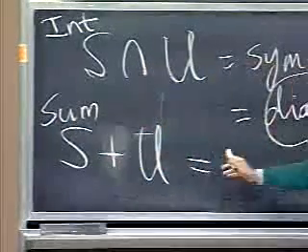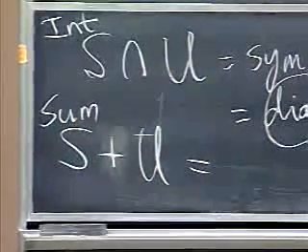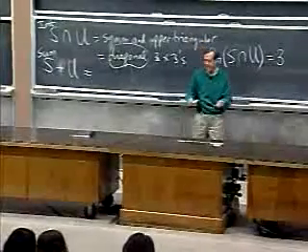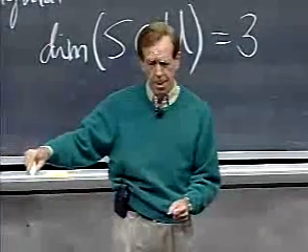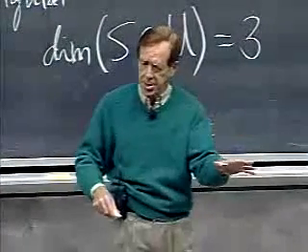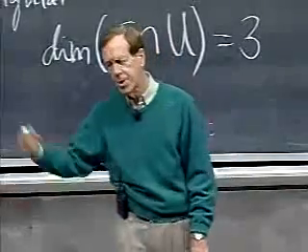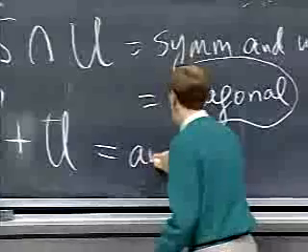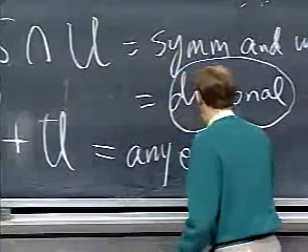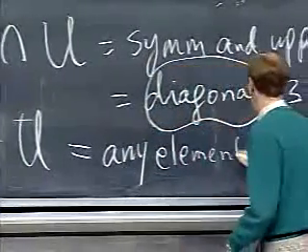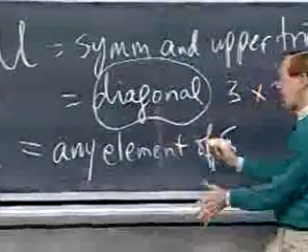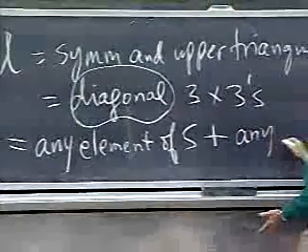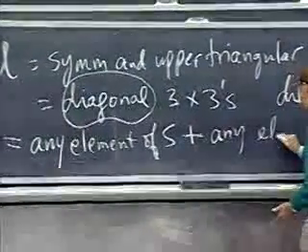What do I need for a subspace here? I take anything in S plus anything in U. I don't just take things that are in S and pop in also separately things that are in U. This is the sum of any element of S, that is any symmetric matrix, plus any element of U.